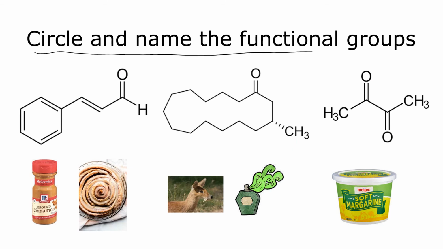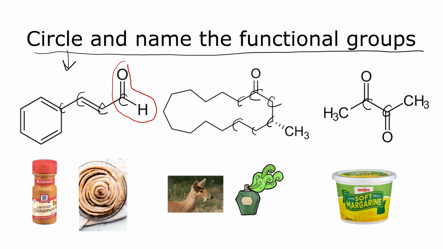Circle and name the functional groups in the following compounds. I'd like to go ahead and draw in some of our carbons in these line angle drawings, just so it's clear that you can see where all the carbons are. So let's start with the one on the left. One of the functional groups I see in this compound is a carbon double bond to oxygen, and it has a hydrogen attached to that carbon in the carbonyl.